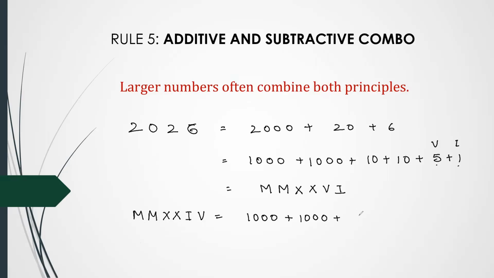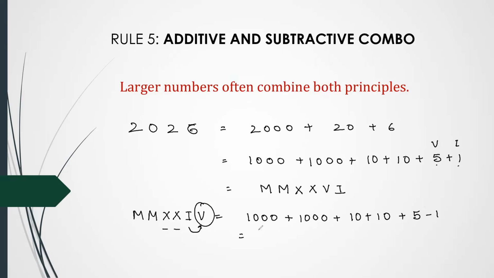Then X and X are again repetition. 10 plus 10, repetition is always additive. Now here a smaller symbol is preceded by a bigger one. So subtraction rule is applied. We will first write down the value of V, which is 5, and 5 minus 1. I is 1, so they are subtracted.